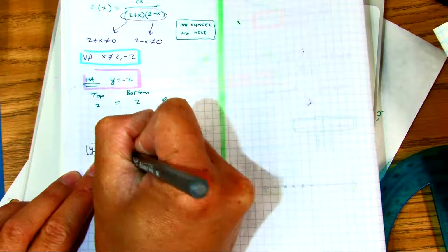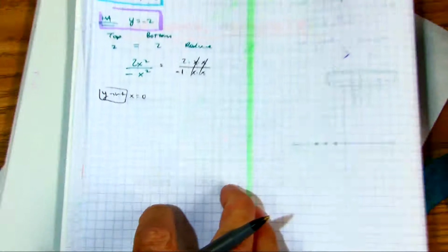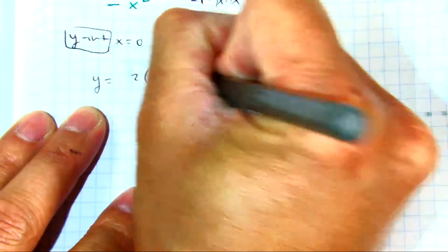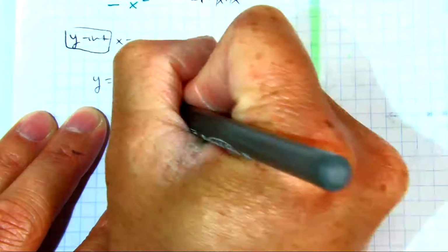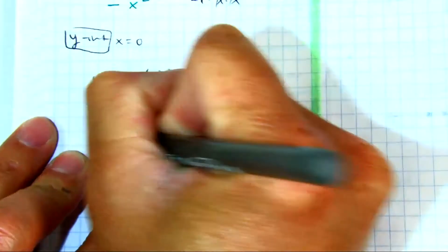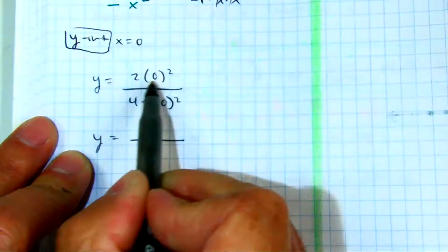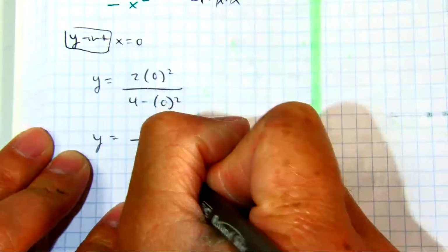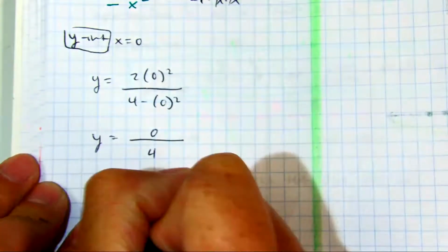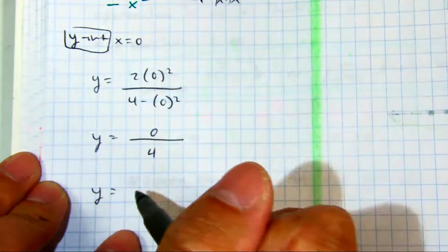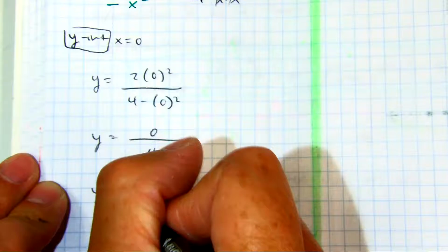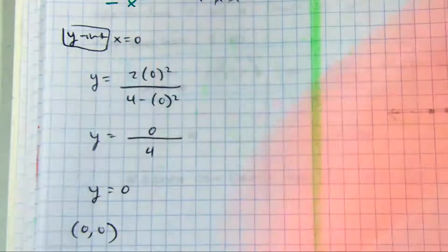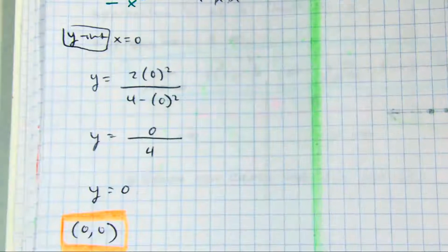X is 0. Tell me what's right. Go ahead and simplify the numerator. Sarah, a lot of students get confused here. Is it 0 or undefined? You are correct. So we got 0, 0. Good job, Sarah.